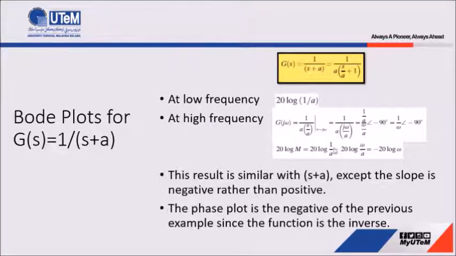This negative is because this component is in the denominator. This result is similar to s plus a, except the slope is negative rather than positive. Also the same for the first plot, the result becomes the negative of the previous example since the function is the inverse.